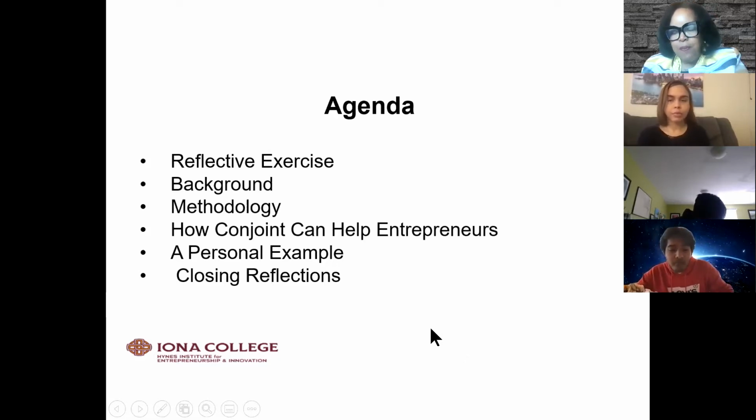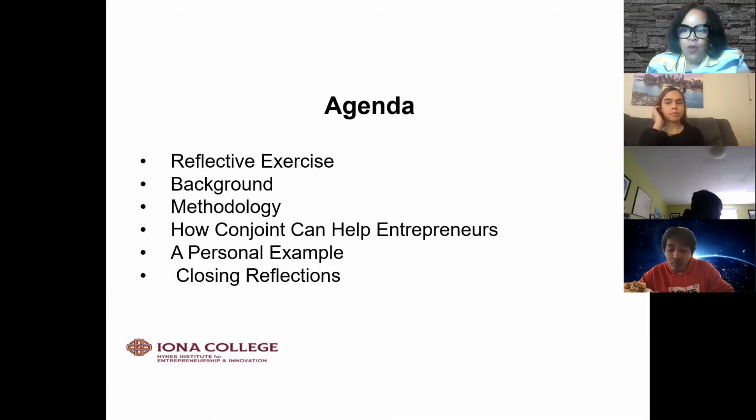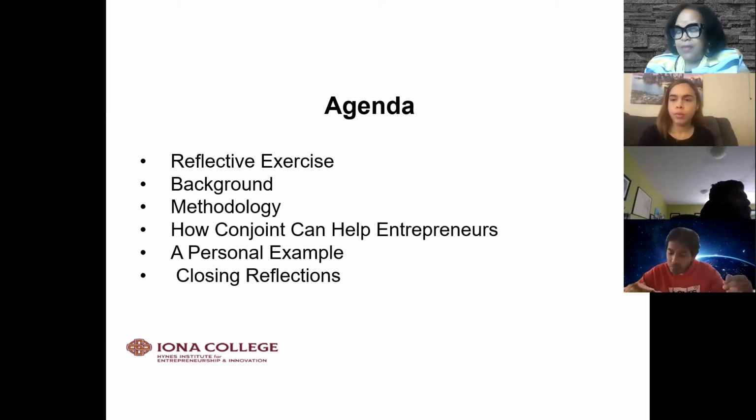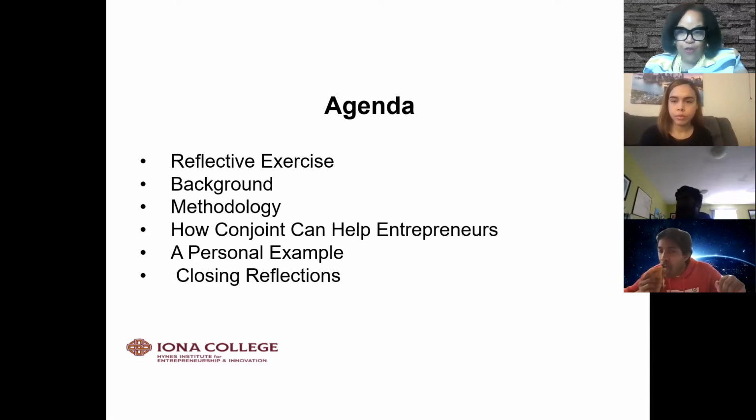And I'll give you a personal example where I am working with someone to optimize an entrepreneurial idea. And then if we have time, we'll have some closing reflections. And if we can't do it in the context of this session, I will give you a link to a simulation of Conjoint that you can do with your friends, on your own.